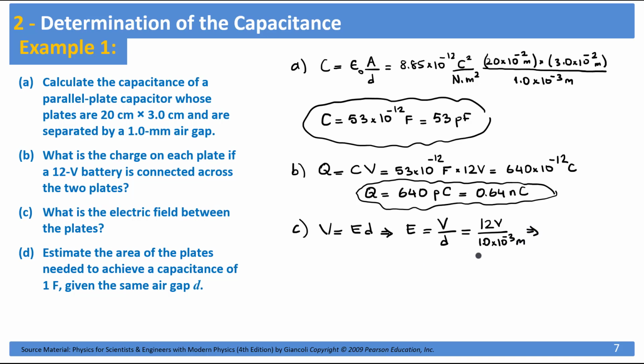Then we will find the electric field to be 12,000 volts per meter.